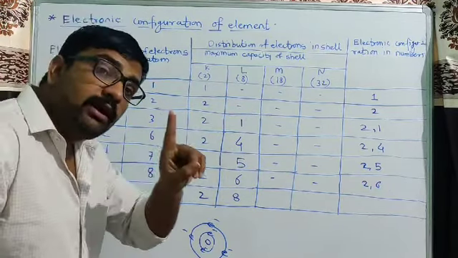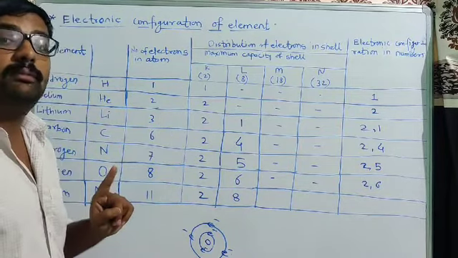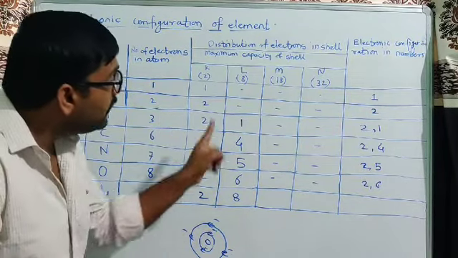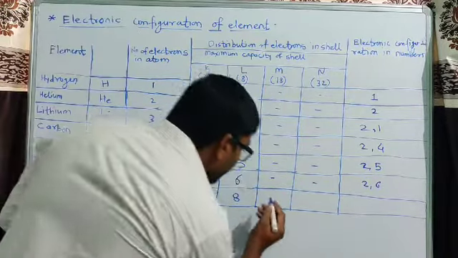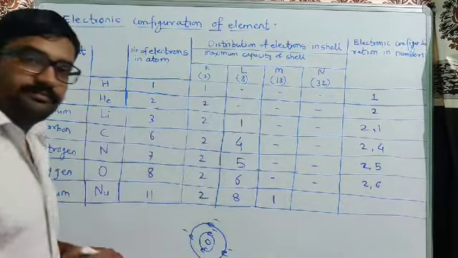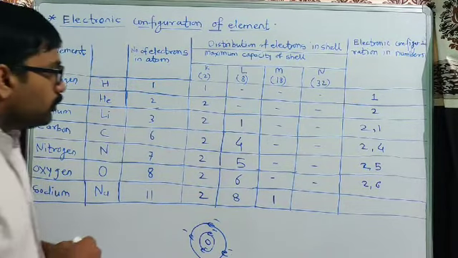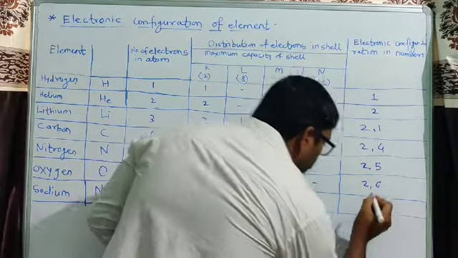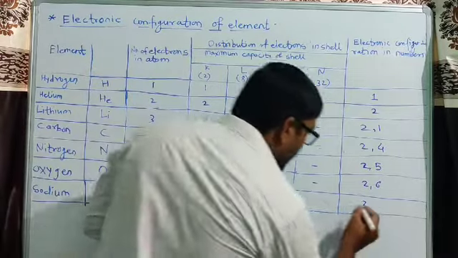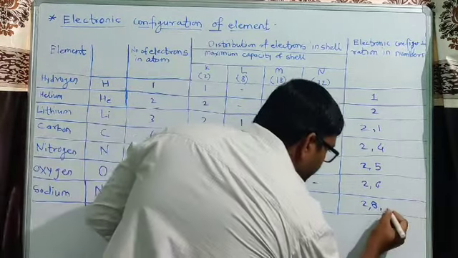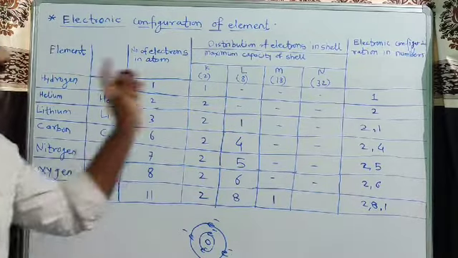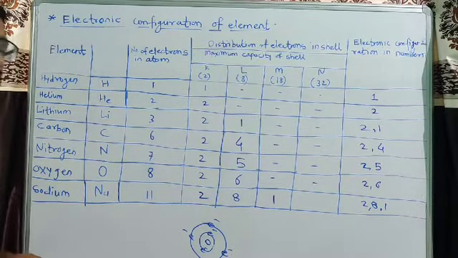Still 1 electron is remaining, so that remaining 1 electron will be added to the next shell, the M shell. So 2 in the K shell, 8 in the L shell, and 1 in the M shell. This is the electronic configuration of sodium.